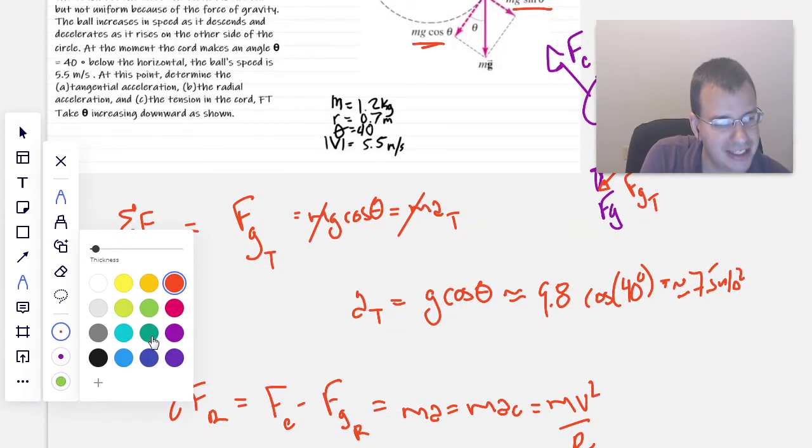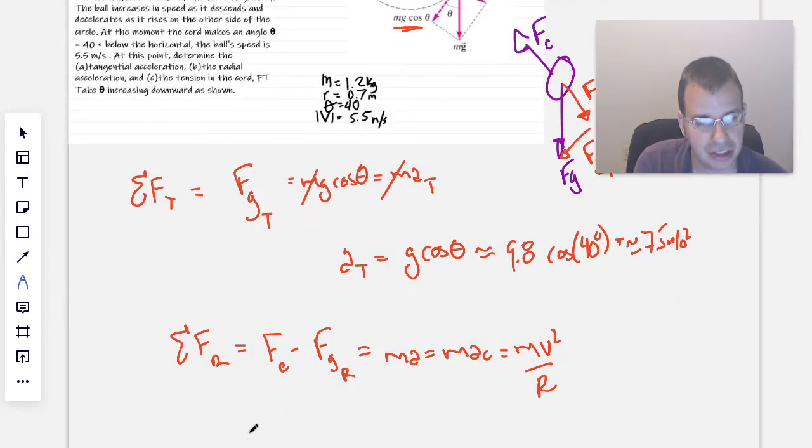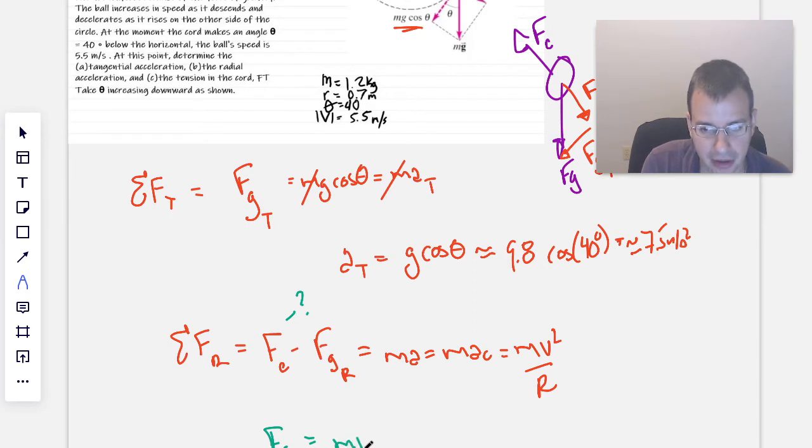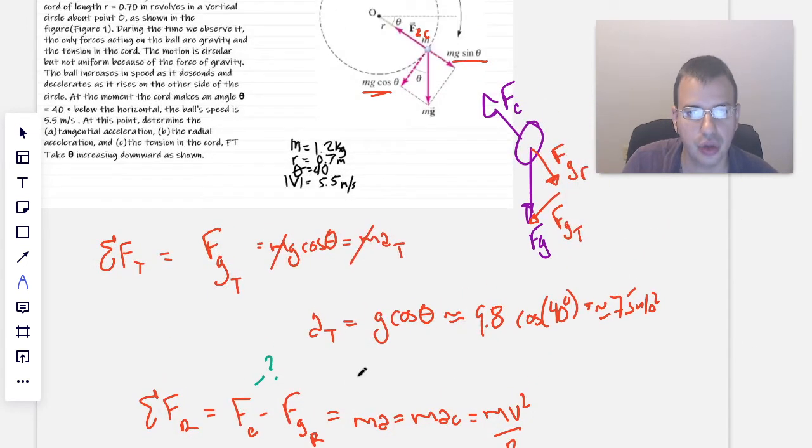Expanding this out, the centripetal force is our mystery variable that we're looking for. Rearranging this, Fc is equal to mv squared over r plus our radial force of gravity, which from our diagram we know is mg sine theta.